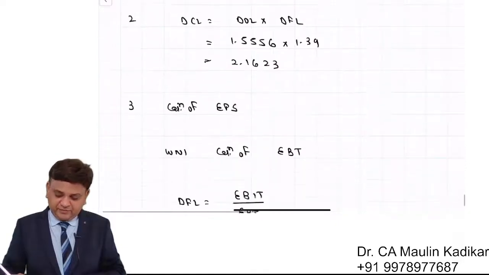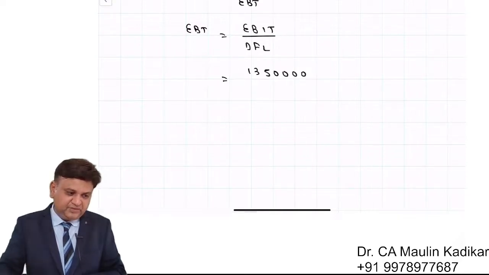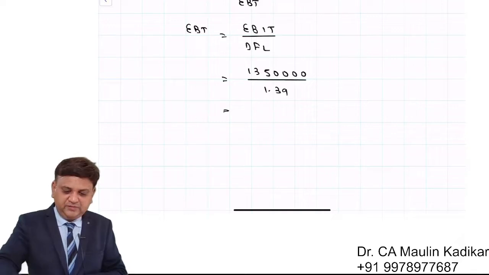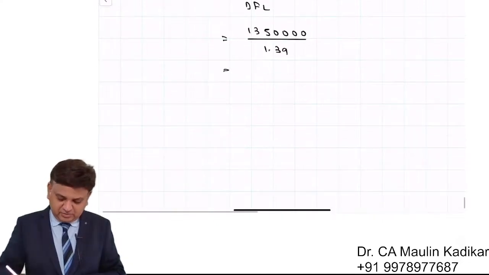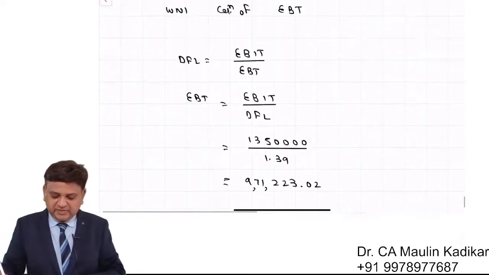It is 13,50,000, divided by DFL, which is given to us in the question, 1.39. So 1350 divided by 1.39 is 9,71,223.02. That is the way the EBT is found.